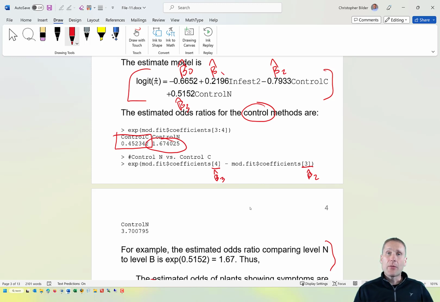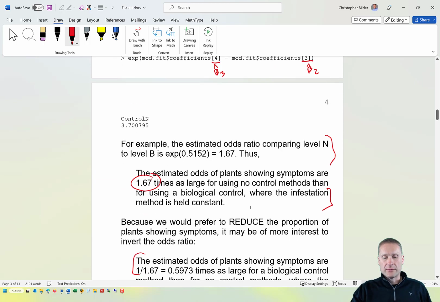C is. So the chemical control in this particular sample is working better than the biological control. Of course, we still need to do inferences to the population, so this is only for the sample itself.